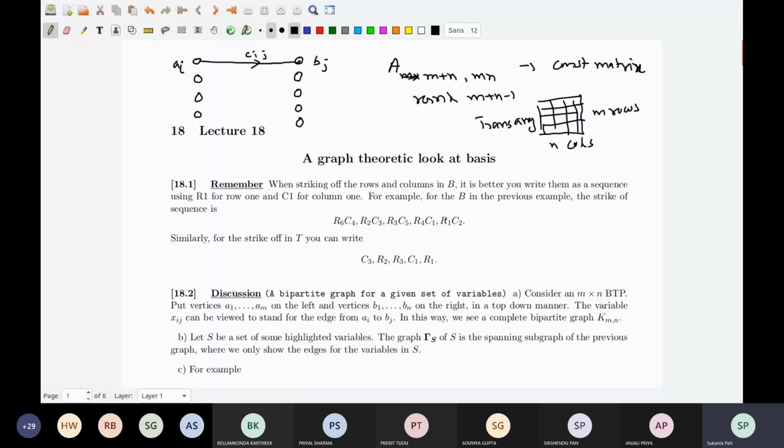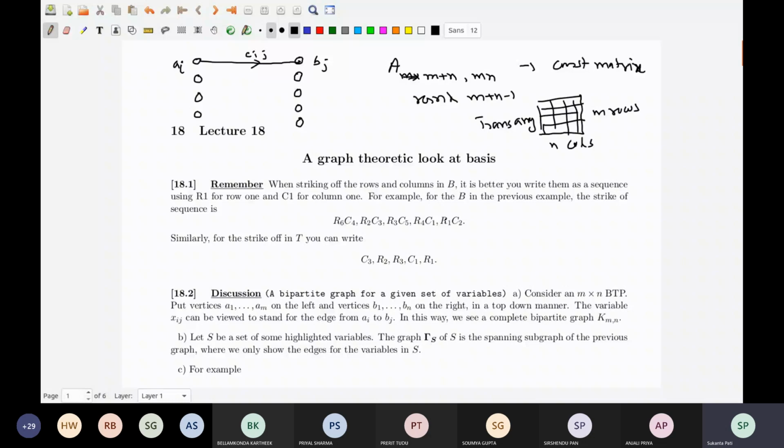When you strike off that row and the column where that 1 is, then again in the new matrix you will find another row with exactly one 1, and then you continue the same strike off and you will be able to cover the whole matrix.